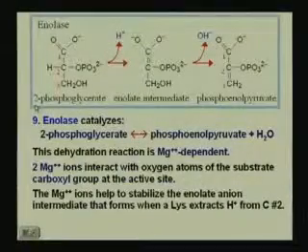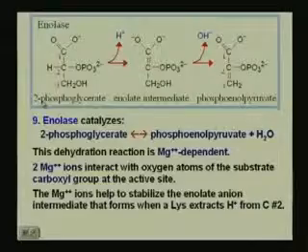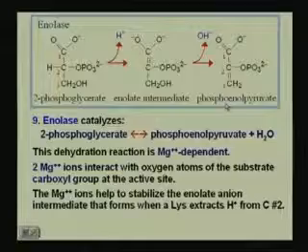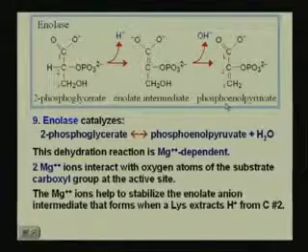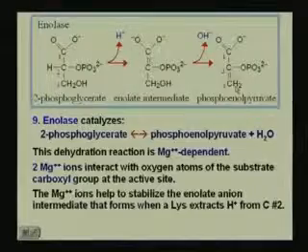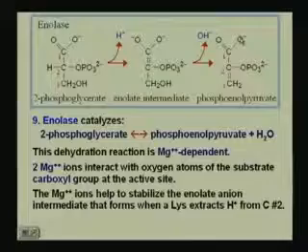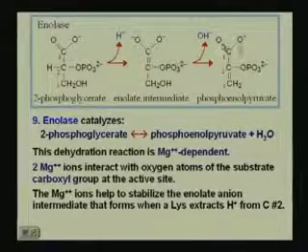It was formed from 2-phosphoglycerate. From 2-phosphoglycerate we formed phosphoenol pyruvate, and we now know that to form pyruvic acid we have to have CH3 C double bond O COOH, or rather pyruvate would be CH3 C double bond O COO minus.